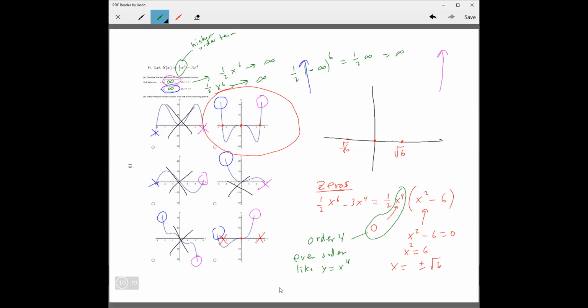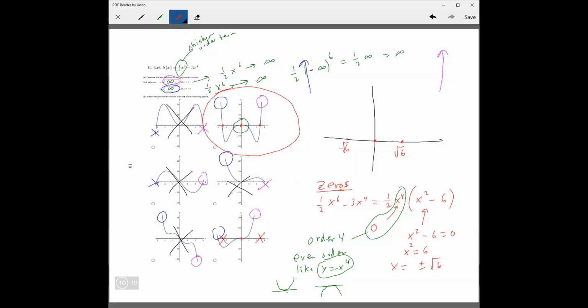I remember I said when it's x to the 4th, it's going to be really flat and then do that. If it's negative x to the 4th, then it's going to come up like that. So it's either like this or that, right around that zero. And that's what we have: it's kind of just going really flat and then comes back like that, like the zero at x equals 0 in this function right here.